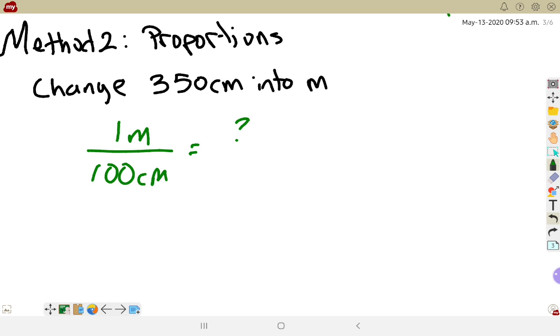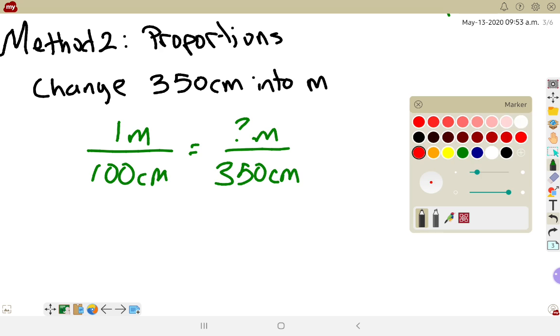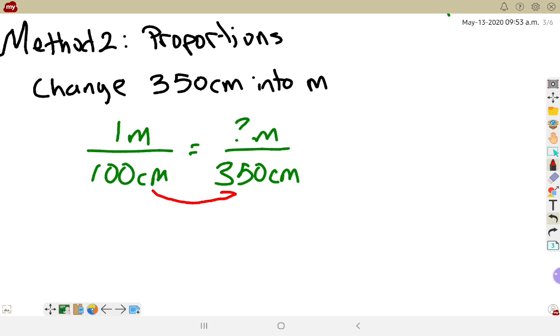So how many meters do I have in 350 centimeters? Well, to go from 100 to 350, I times by 3.5. So I'm going to do the same thing to keep it proportional, and I would get 3.5 meters.